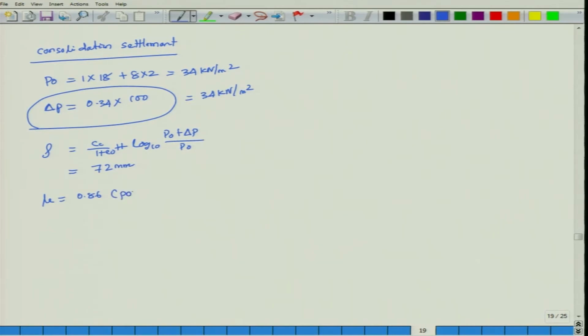Then rho is equal to 0.86 into 72, which is 62 mm.